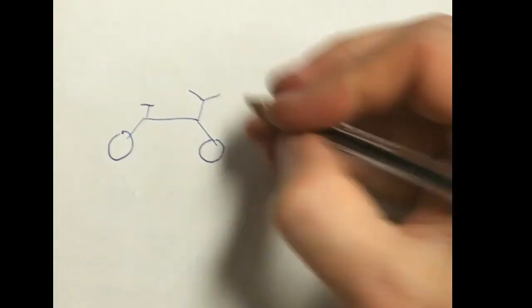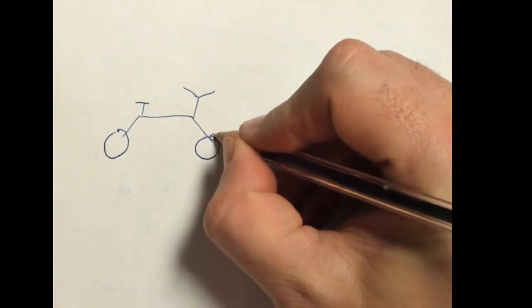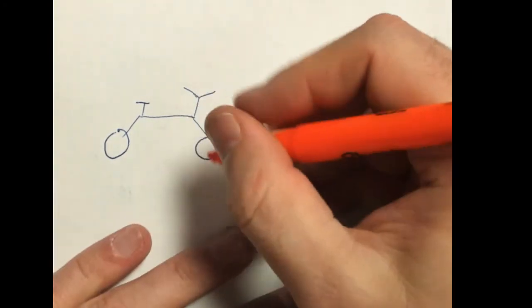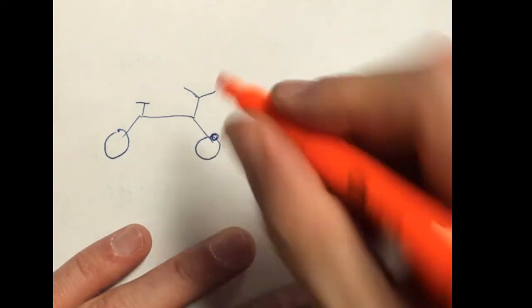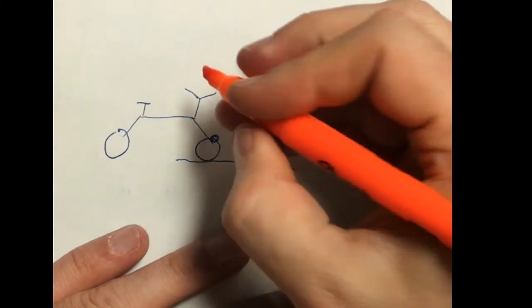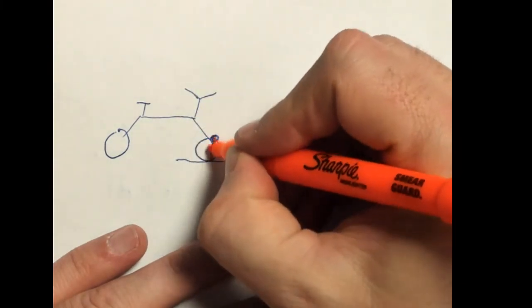Now, let's say that I put a sensor on the bicycle wheel right here. Okay? And that sensor was to record the distance, the vertical distance from the sensor to the ground.